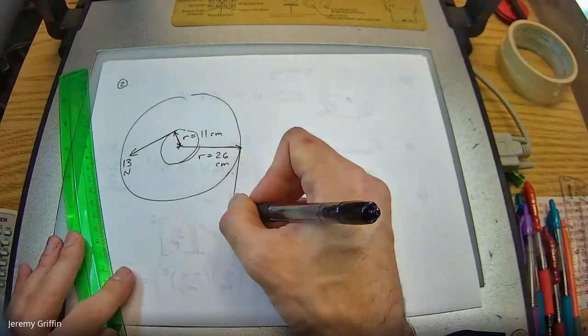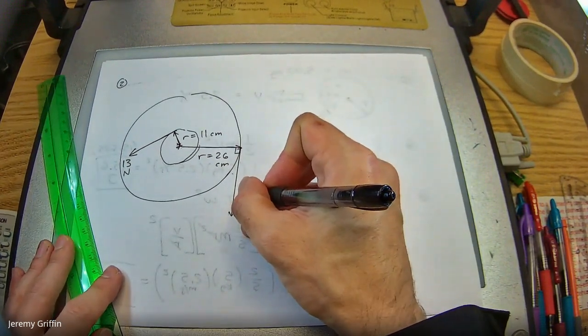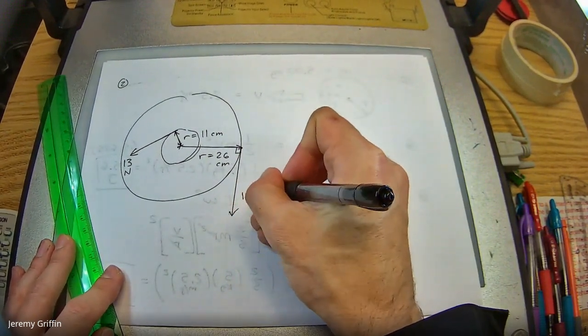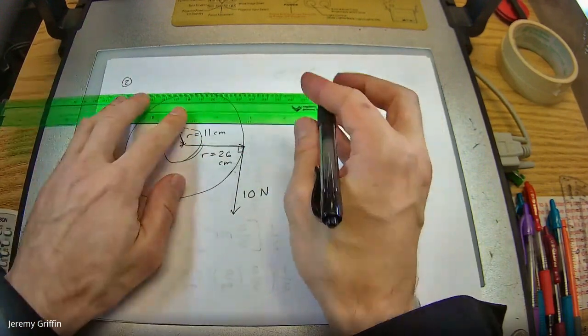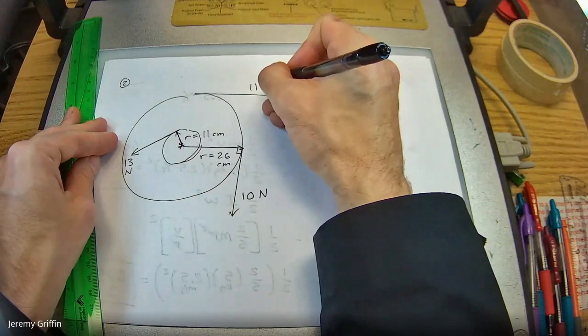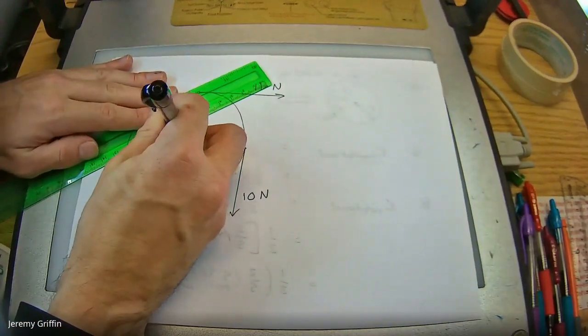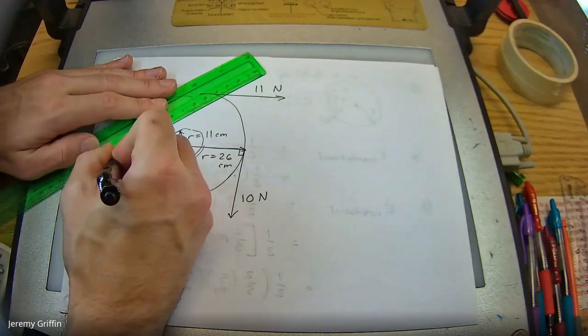Say this force, which is again perpendicular to that, let's make this 10 newtons. And maybe I'll have this pulling here at like 11 newtons. I'm trying to make everything proportional. I should make this one a bit longer, 13 newtons.